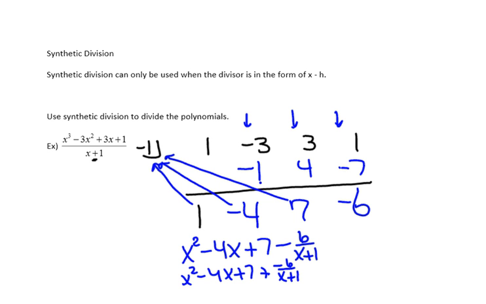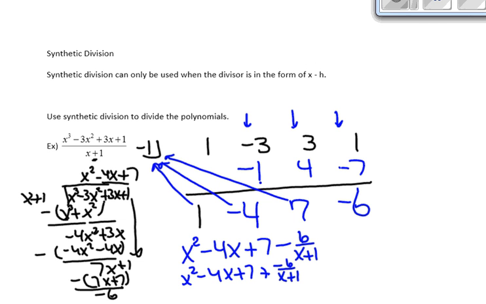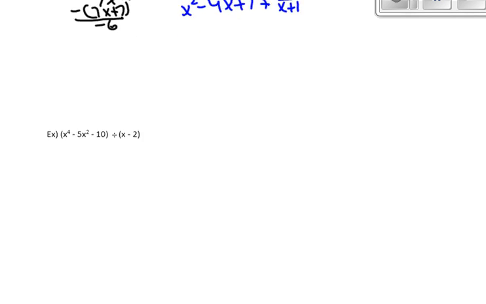Either answer would be acceptable for this. So now you can see then that I have done the long division for this and got the exact same answer for this. All right, so let's take a look at one other synthetic division problem then.